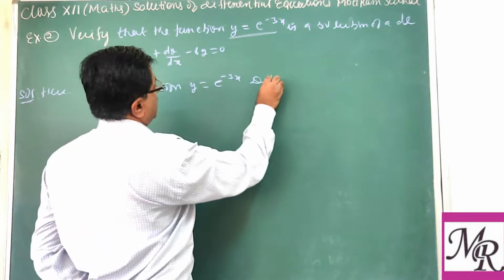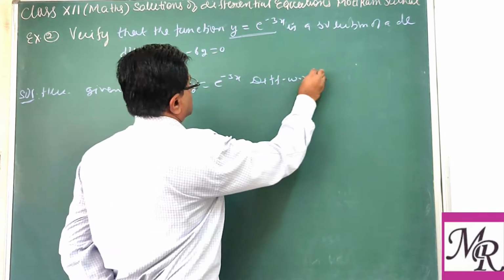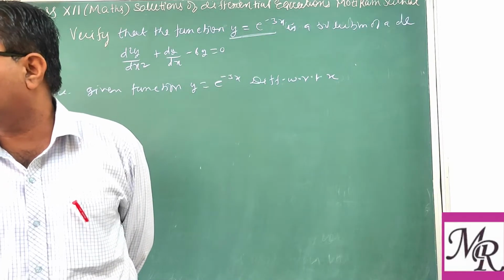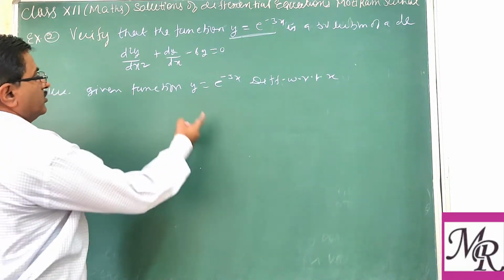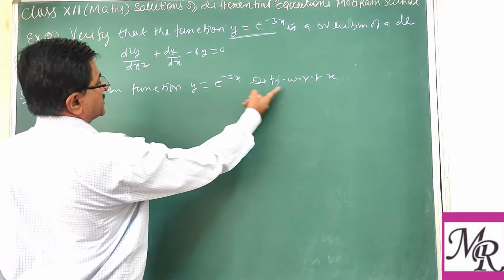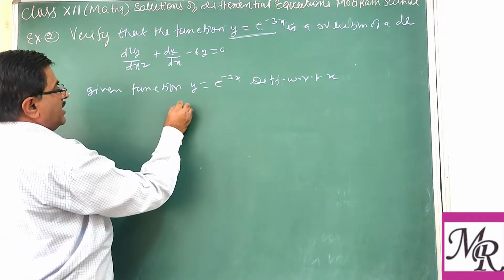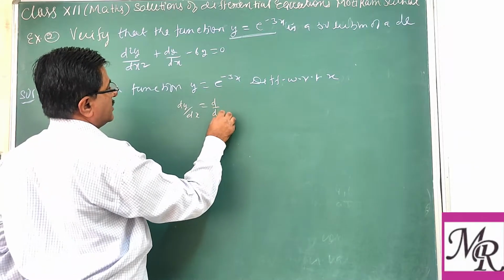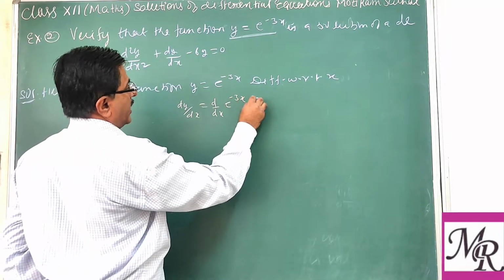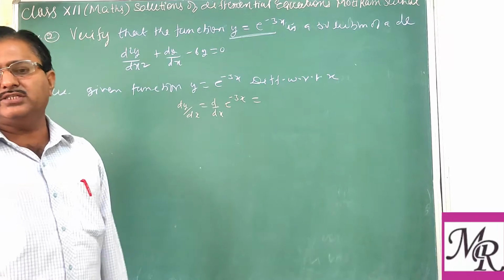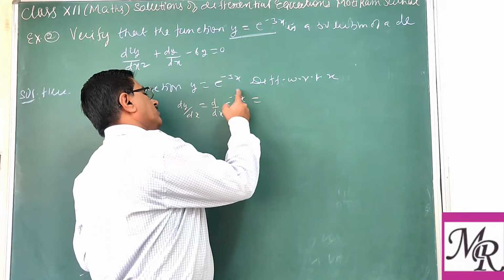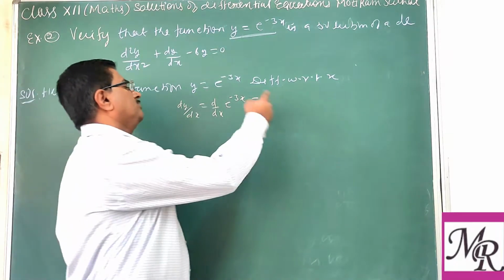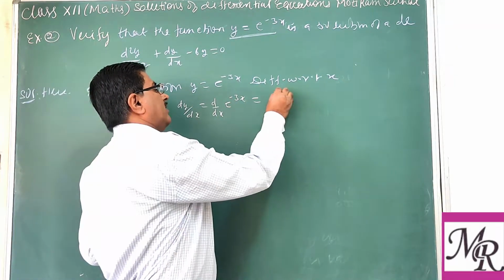Now differentiating this with respect to x. To check whether this is a solution, we put y equal to e power minus 3x and differentiate, operating on both sides with dy by dx. We know that the derivative of e power x is e power x.